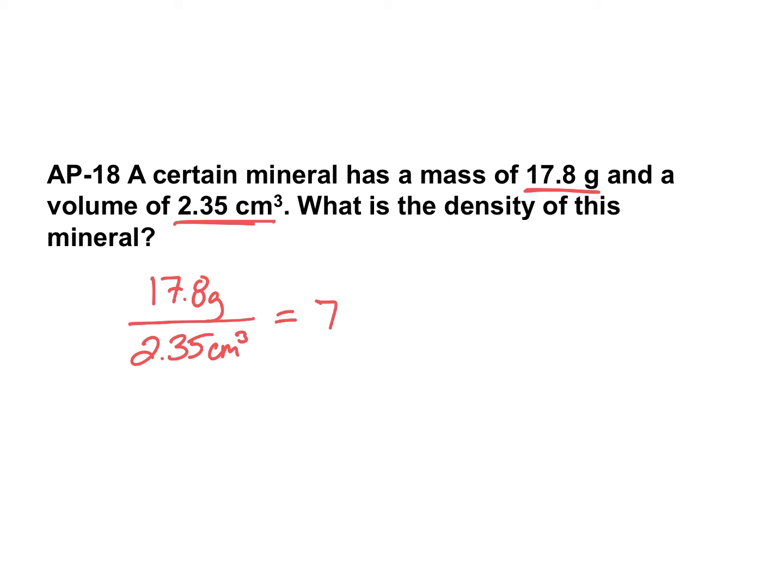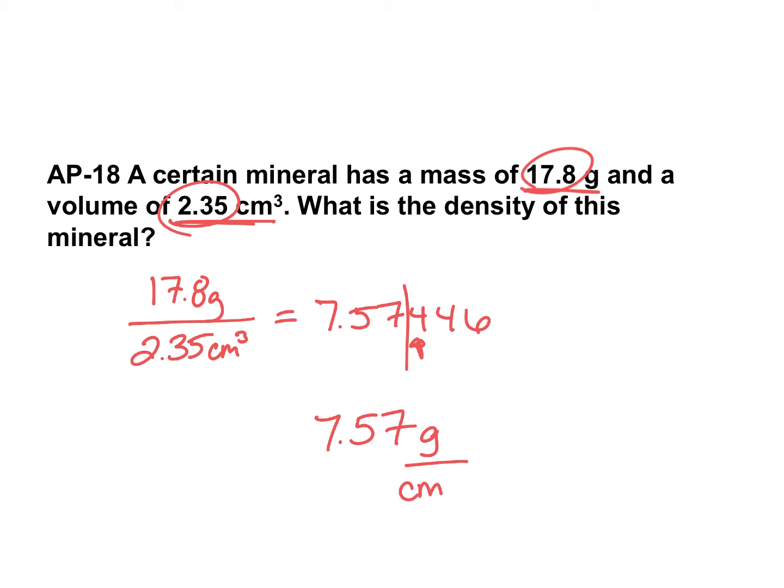You come up with 7.57446. Think about sig figs. We have 3 in the mass, 3 in the volume, so our answer is going to have 3. 4 is the first one to go away, so we'll round down. So 7.57, and the units are grams per centimeter cubed.